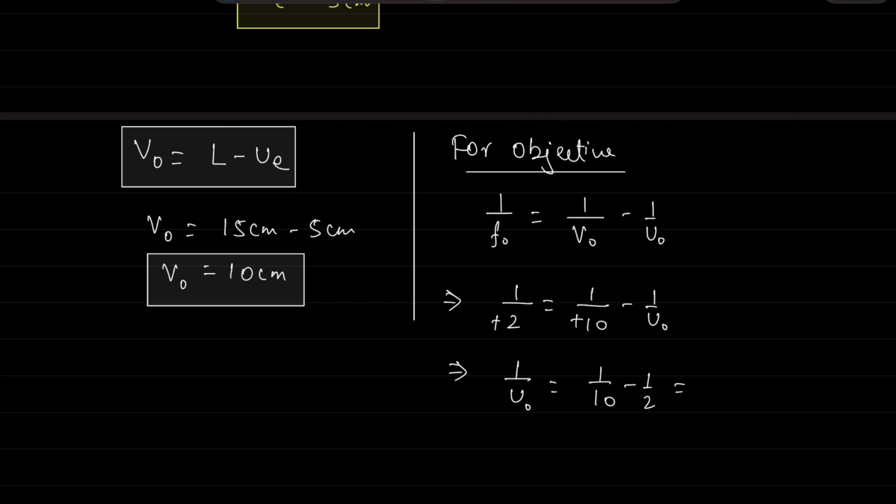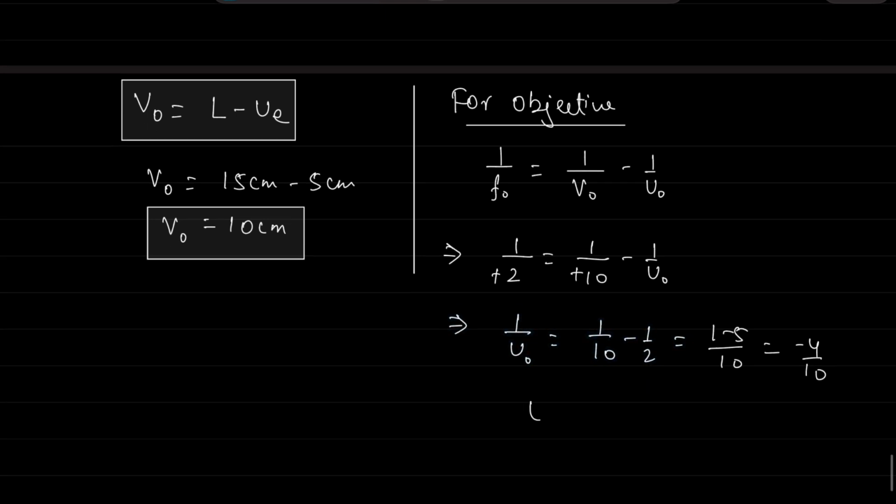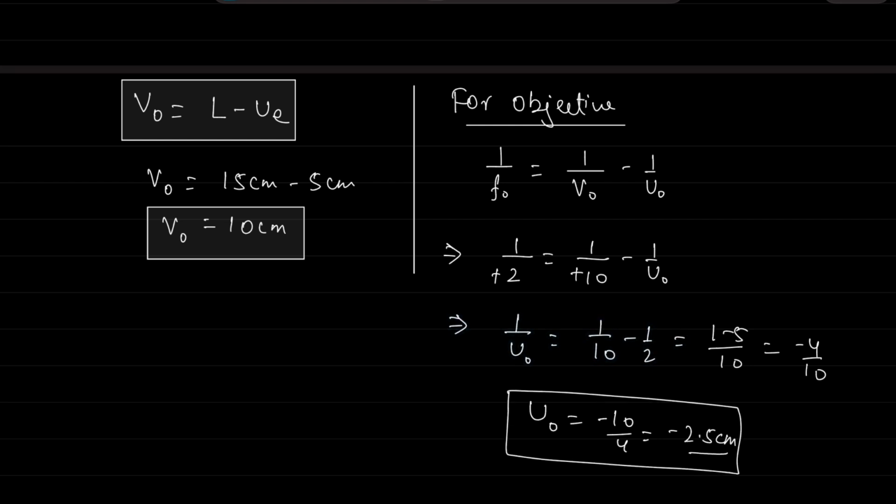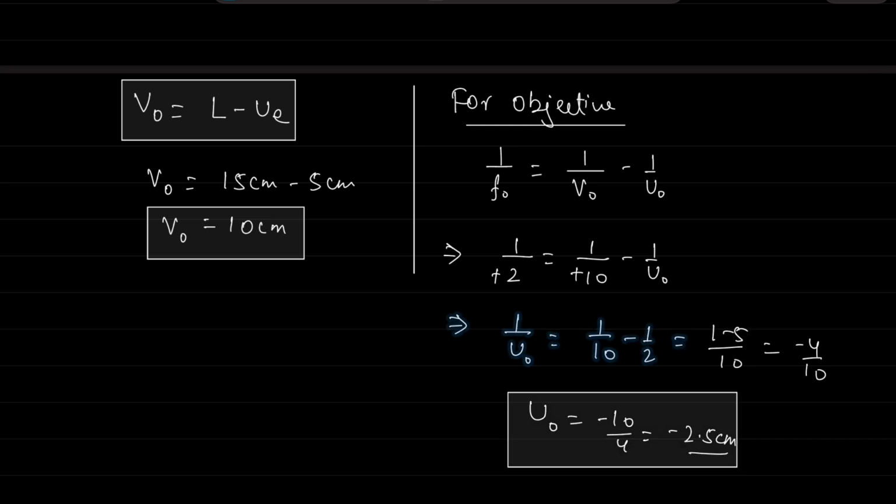Its value is 1 minus 5 by 10, equal to minus 4 by 10. So the object distance with respect to the objective is minus 10 by 4. It's equal to minus 2.5 centimeter. So we got the answer for the first part.